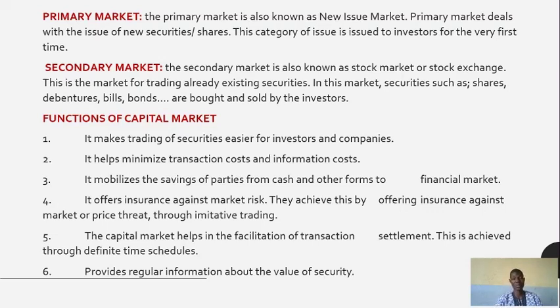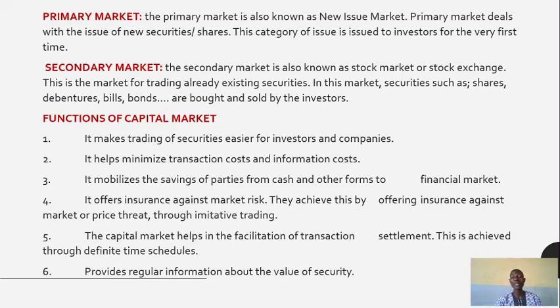Also, companies also go to the capital market to access funds for expansion or for certain projects. Government also go to the capital market to also raise funds for developmental projects. So the first function is that it makes trading of securities easier for investors and companies.